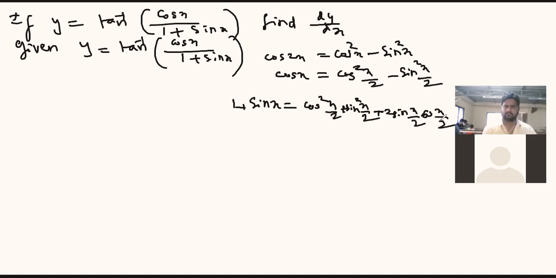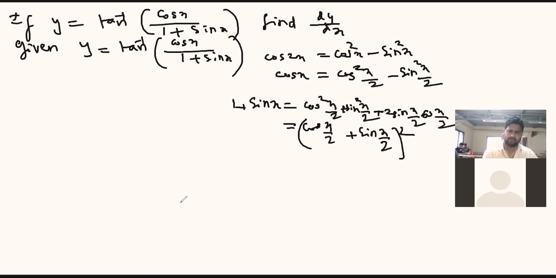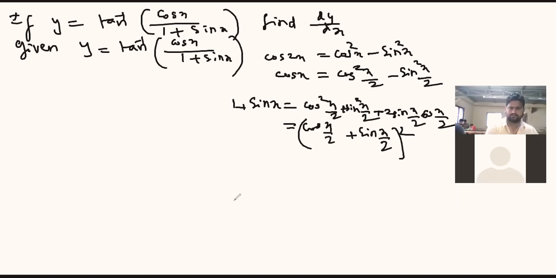What happened now? Cos square x by 2 plus sin square x by 2 plus 2 sin x by 2 into cos x by 2 is equal to cos x by 2 plus sin x by 2 bracket square. It is a square plus b square plus 2ab, a plus b whole square.